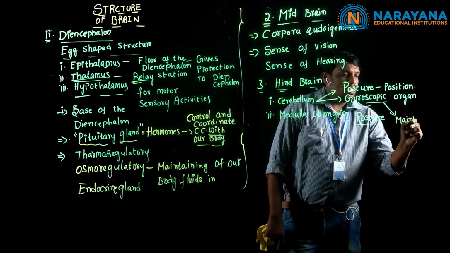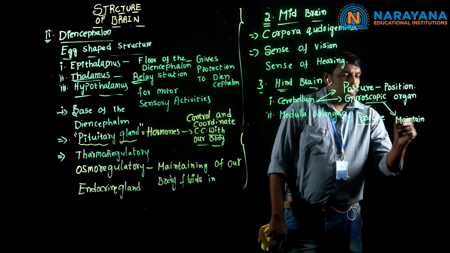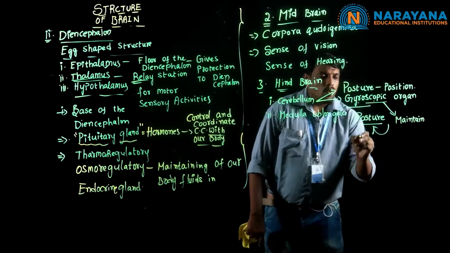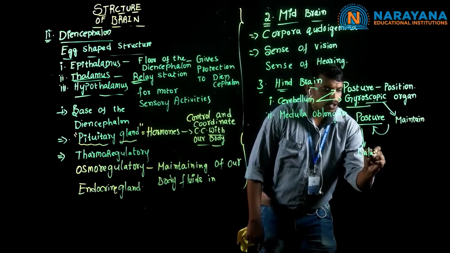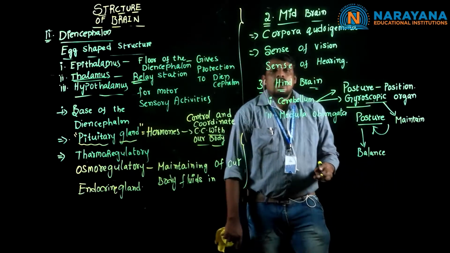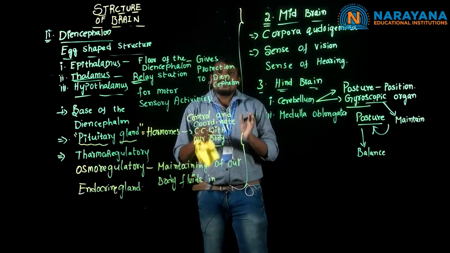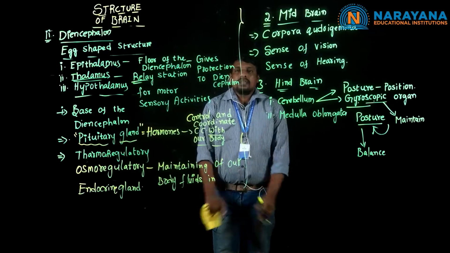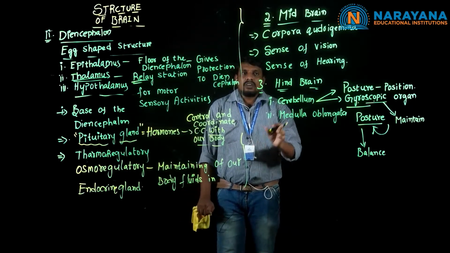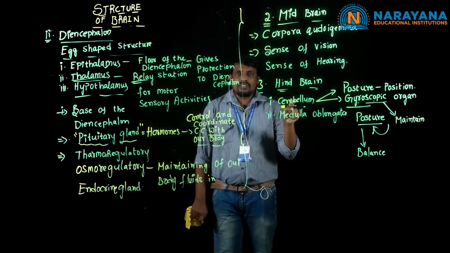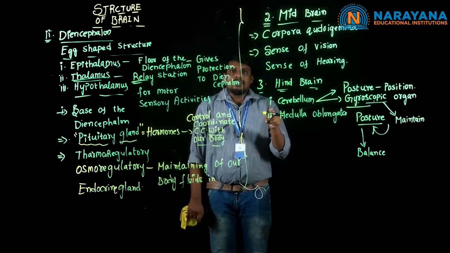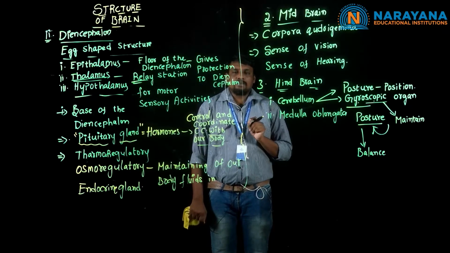So the structure which maintains the posture, the balance. Our body balance is regulated by a special structure called the cerebellum. Because of this function, the cerebellum is called a gyroscopic structure.